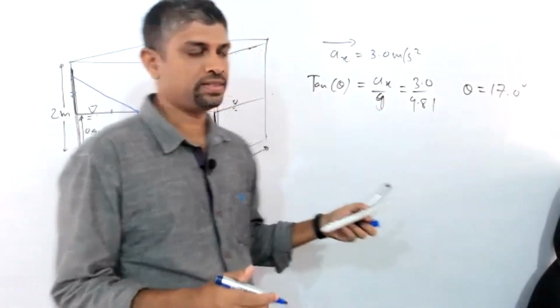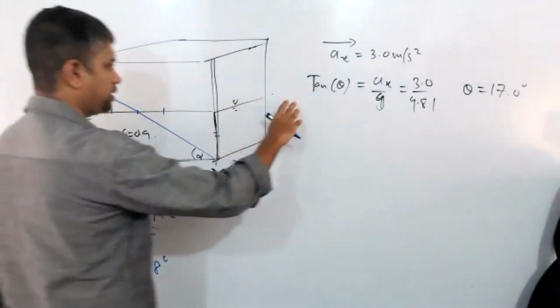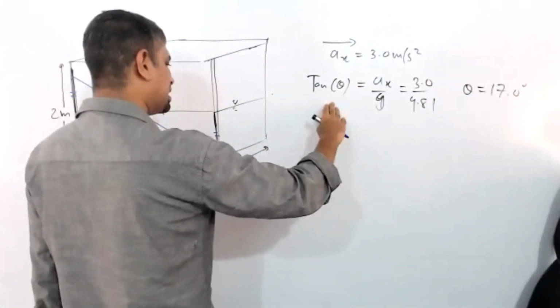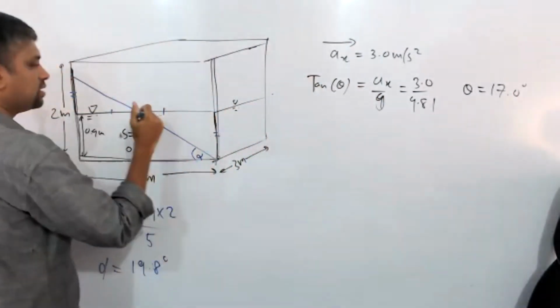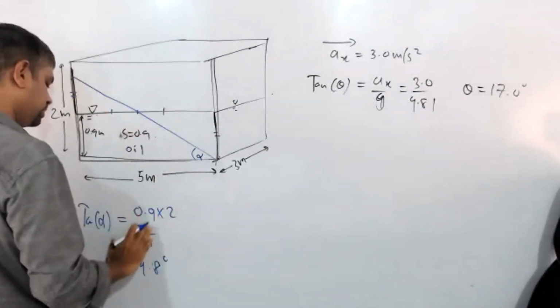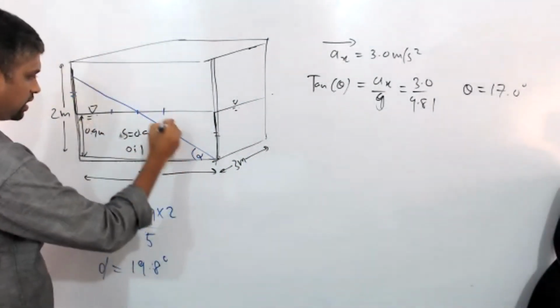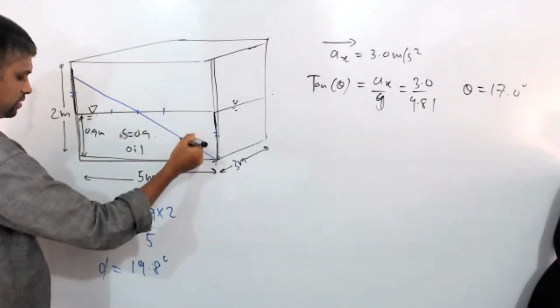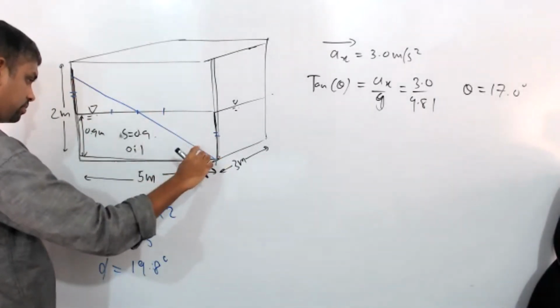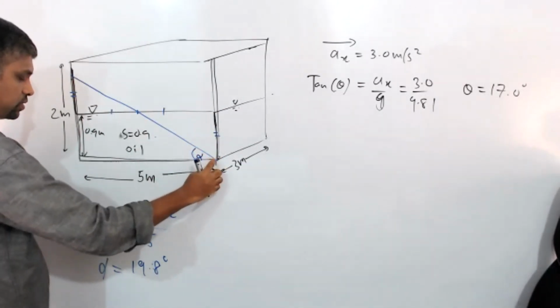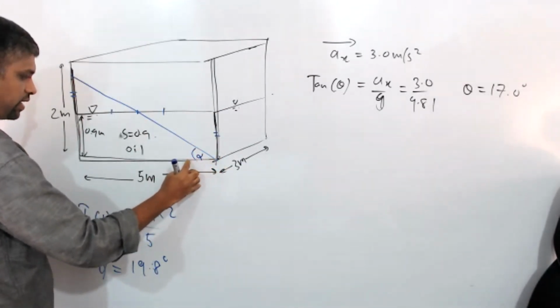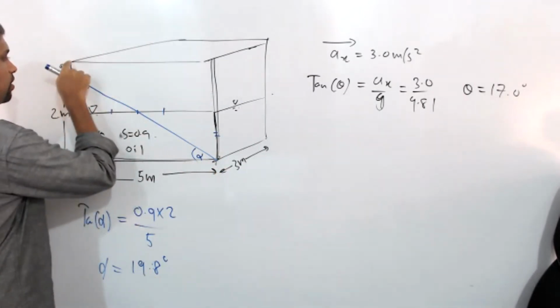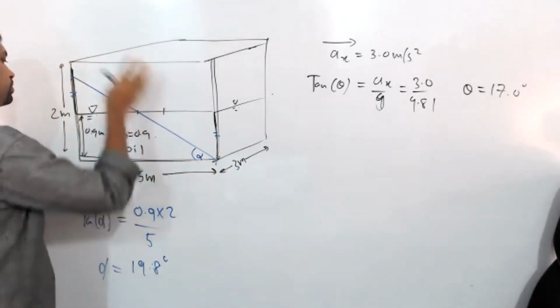This theta, according to the acceleration, is the expected inclination of 17 degrees. Therefore, in our situation, it is not like this. But there's another critical point: if we accelerate further beyond this, the point will come somewhere here and the other point will go up, and from that point it is going to spill out.